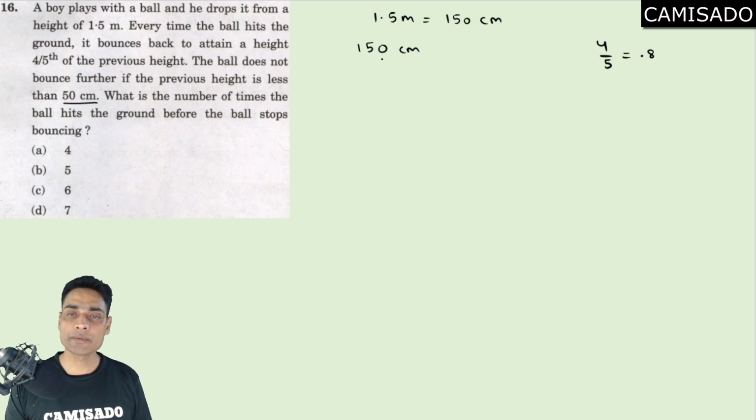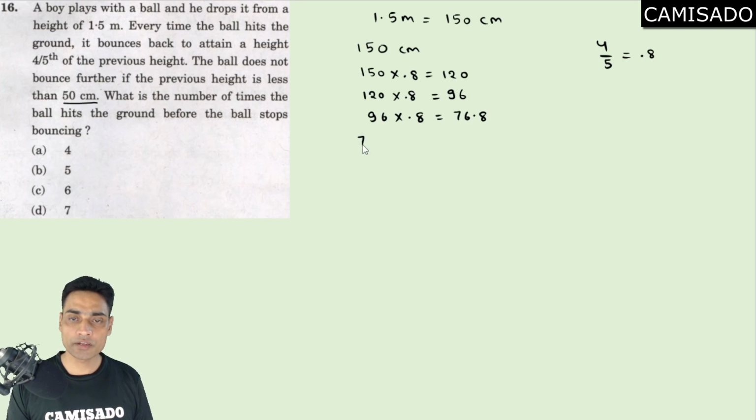So first is 150, then 150 into 0.8 is 120. Then again 120 into 0.8 becomes 96. Then 96 into 0.8 becomes 76.8.